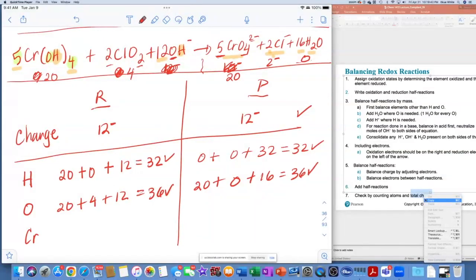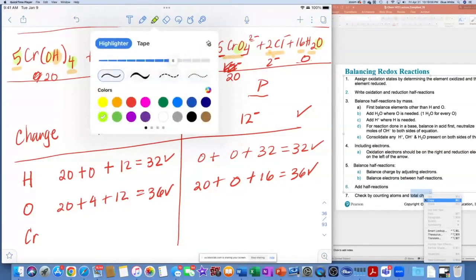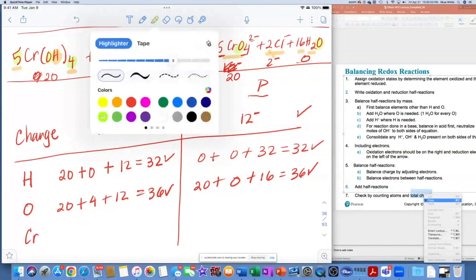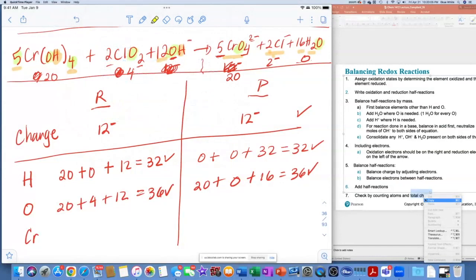So the hydrogens are equal on both sides of the equation. Oxygen matches, so the last one, chromium, should match, right? So let's see chromium right here. Let me use a different color. To be consistent, the oxygen was green. The last one we're going to be looking at will be chromium. We have 5 chromiums on the reactant side, and we have 5 chromiums on the product side.